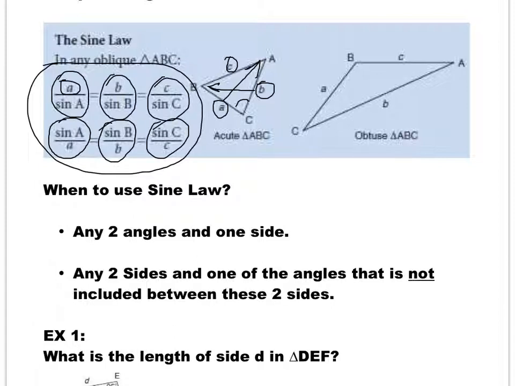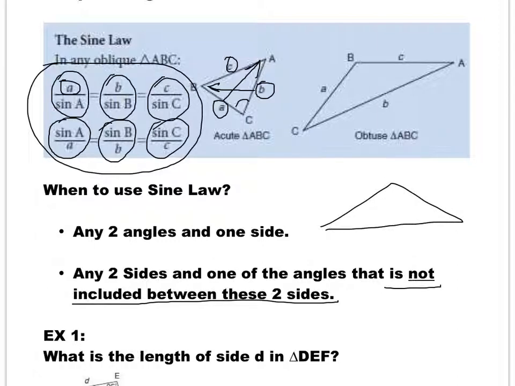Another situation in which you can use the sine law is when you have any two sides, but the known angle must not be the angle between the two sides. That's why here we said not included between the two sides. Then you can go ahead and use sine law. For instance, I have a triangle like this one.